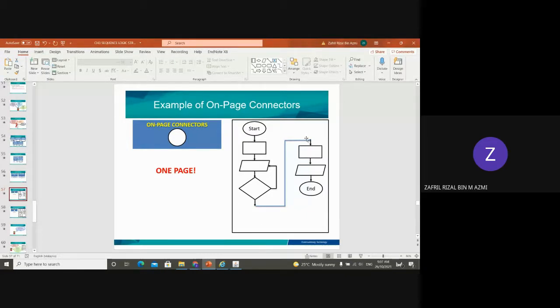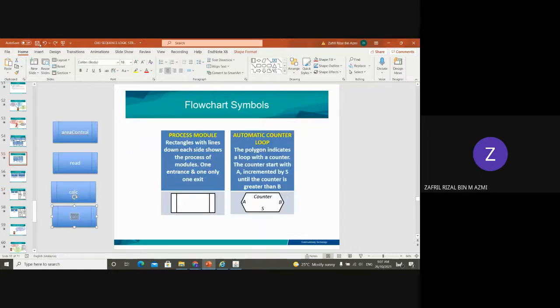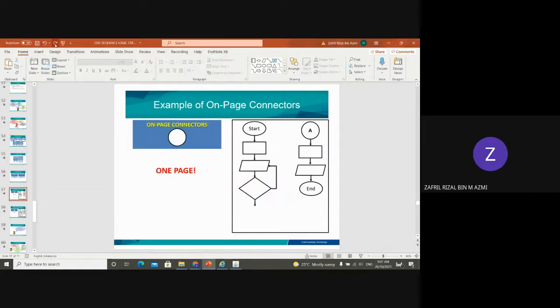But if somehow your flowchart becomes messy, and you don't want that, there's this over here and then this over here in the same page, so you use a connector. This is a connector. You put A over here, for example.